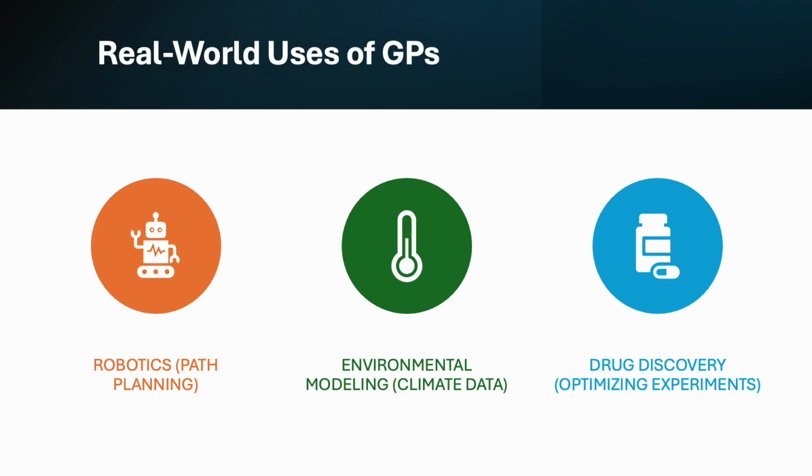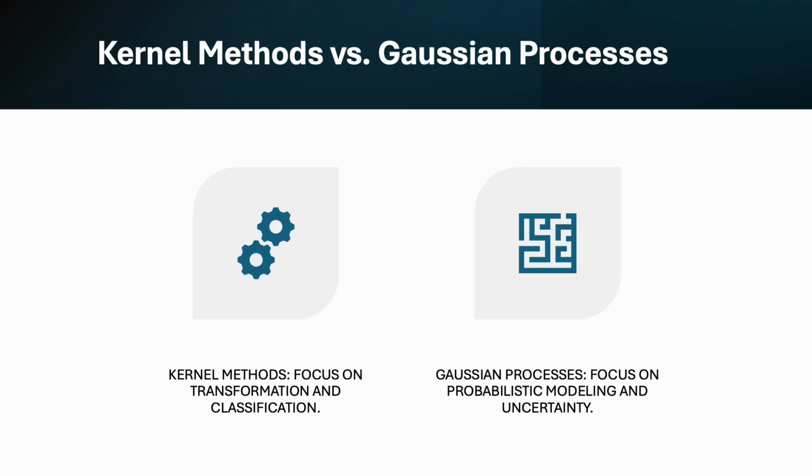Real world use cases: robotics, as we have discussed in quite depth, or path planning, which is one of the main areas I have explored in the discussions earlier. Environmental modeling for the climate data is significantly important, and drug discovery, as we discussed in quite depth, can be benefited by utilizing the Gaussian processes.